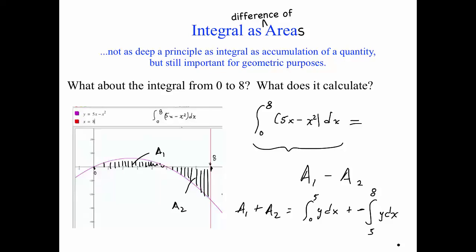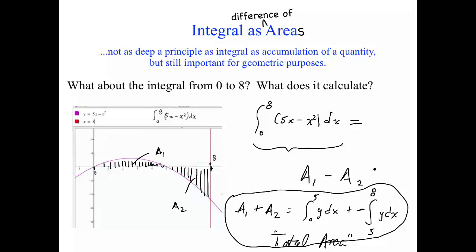And if we take the opposite of it, we'll get the true area A2. We can add them together. That would give the total area. But just the single integral will always subtract off areas that are created below the x-axis. You'll get a difference of areas for a single integral whenever that function goes below.